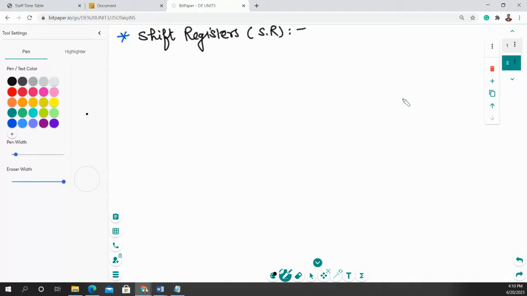So what is a shift register? A register capable of shifting its binary information. As the name suggests, shift means transfer the information. So this register is capable of shifting its binary information either to the right or to the left.